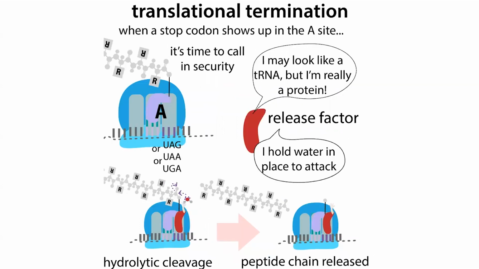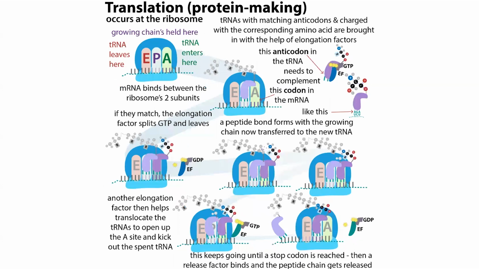And so we get another type of substitution reaction, but here it's coming from the water and not from the incoming aminoacyl tRNA. And so what's going to happen is that you get the chain cut off and the peptide chain is going to be released.